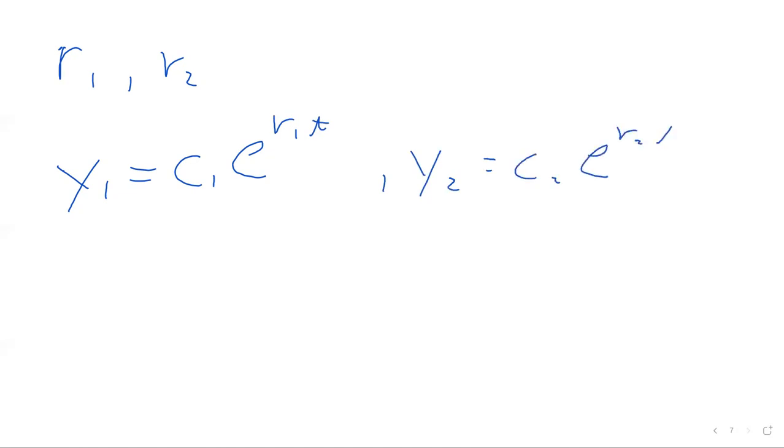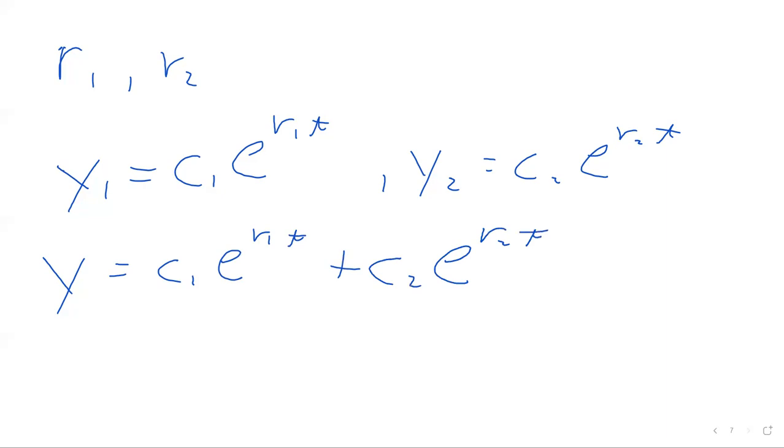But now we are going to have our y1 is going to be c1 e to the r1 t. Our y2 is going to be c2 e to the r2 t. Those are the individual solutions. Overall, we're going to do what we did before. And we will make a linear combination of them to get a general solution.